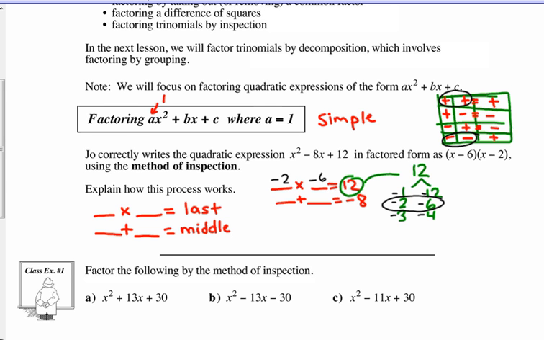So factoring now, we just add two sets of brackets. Our x squared just becomes x, and then we put in our two numbers, -2 and -6. Now it's factored.